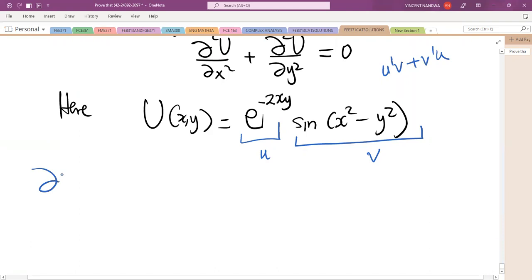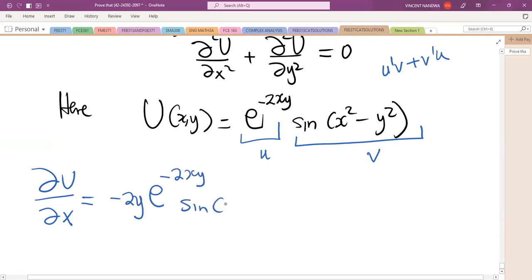So partial u, partial x. Derivative of this function with respect to x. First, we use the chain rule and differentiate this power with respect to x. So we get minus 2y, and then e raised to power minus 2xy multiplied by sine of x squared minus y squared.